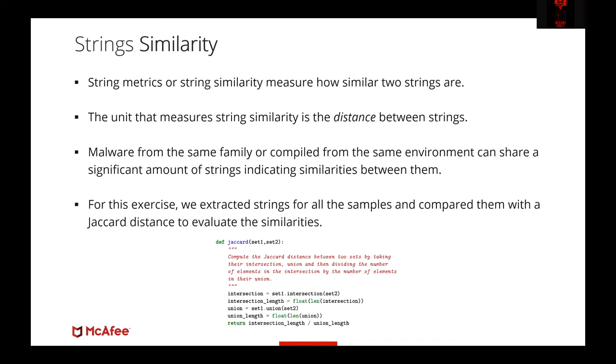To understand the Hidden Cobra campaigns, we extract the strings of many samples we collected from the different campaigns, and we calculate the distance between the strings, meaning we are just identifying the amount of similarities of the strings extracted between different samples. We use the Jaccard distance to calculate that distance.